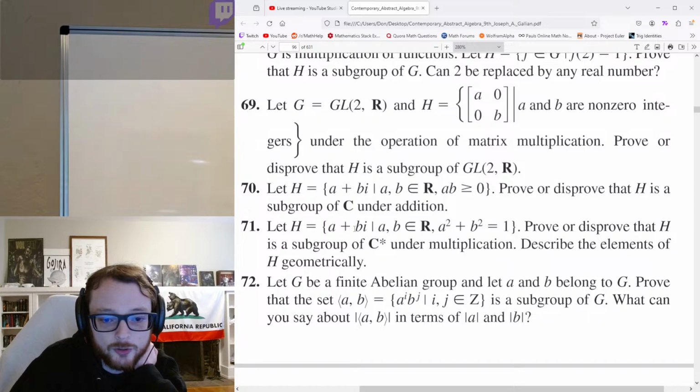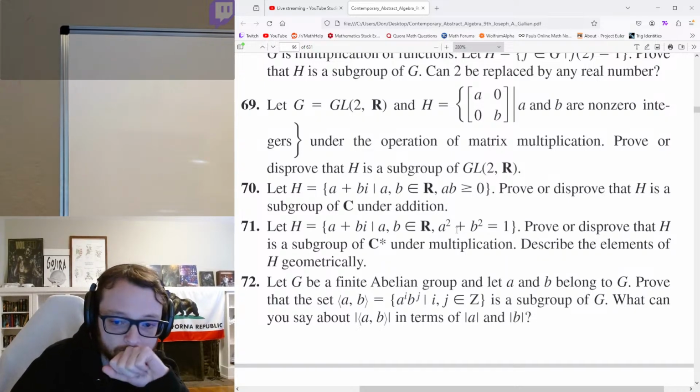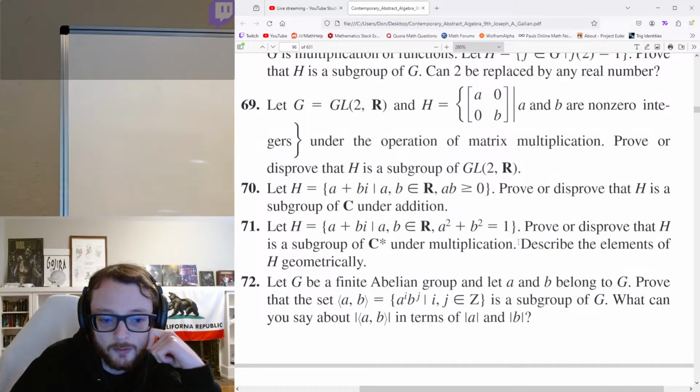71 is let H. Okay, so basically every complex number with magnitude equal to 1, or modulus, whatever you call it for a complex number. Well, the elements are going to be a circle, all the points that make a circle of radius 1 in the complex plane.